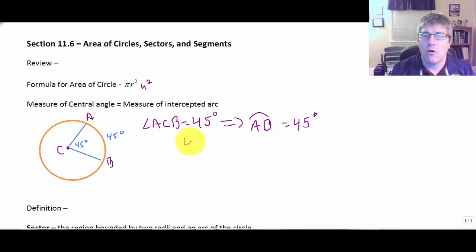And we should know that it's 360 degrees around the circle. So in this case, 45 out of 360 is 1/8 of the way around the circle. That concept of a portion of the whole circle is going to be important for us.